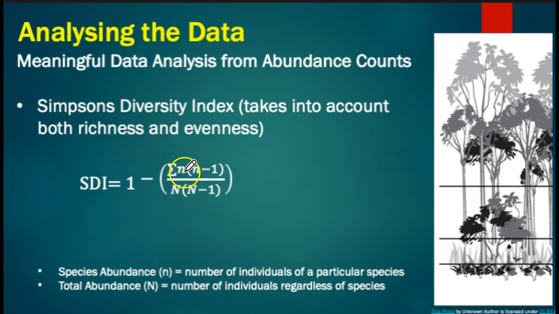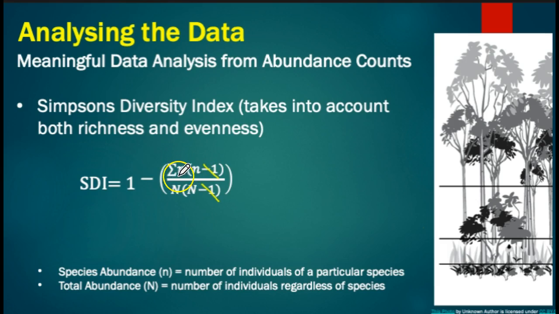Essentially you have the number of individuals on the top, but you don't just count them up, you actually square them. So ignore the ones for now. Essentially, if I ignore the ones completely, it is a fraction of my individuals for a particular species. So it could be just the trees or just the grass.